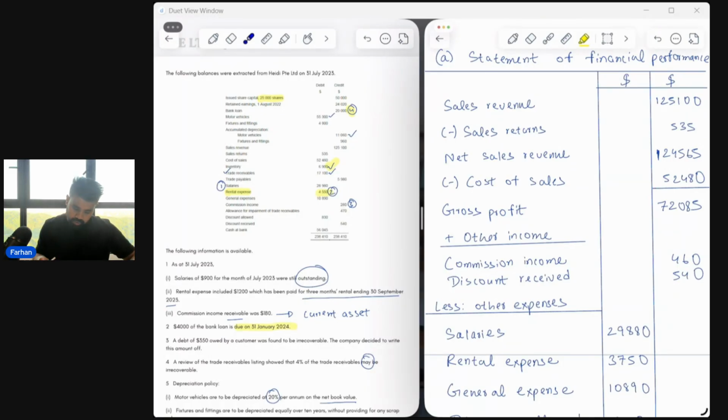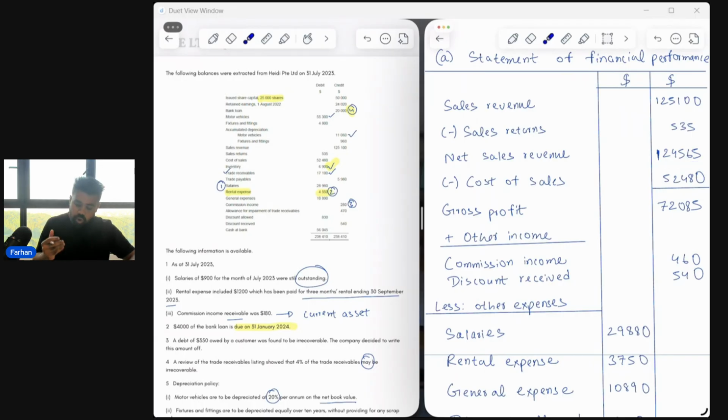All right, so let's look into the statement of financial performance. So we start with the sales revenue, and that is what we can find within the list, which is $125,100, minus the sales returns, which is $535, and that gives us net sales revenue of $124,565.